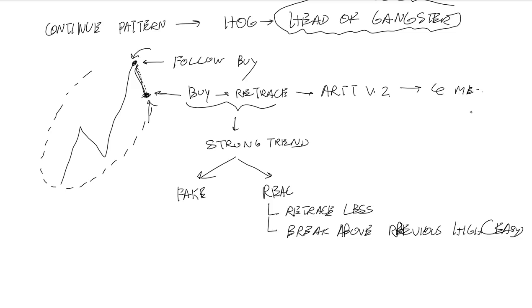This is the previous high. This is your buy point. If it is a strong trend, it confirms real strong trend, they will retrace less, retrace not much. After that, when they run away up, they will break above the previous high. That means for fake strong trend, they will retrace more.